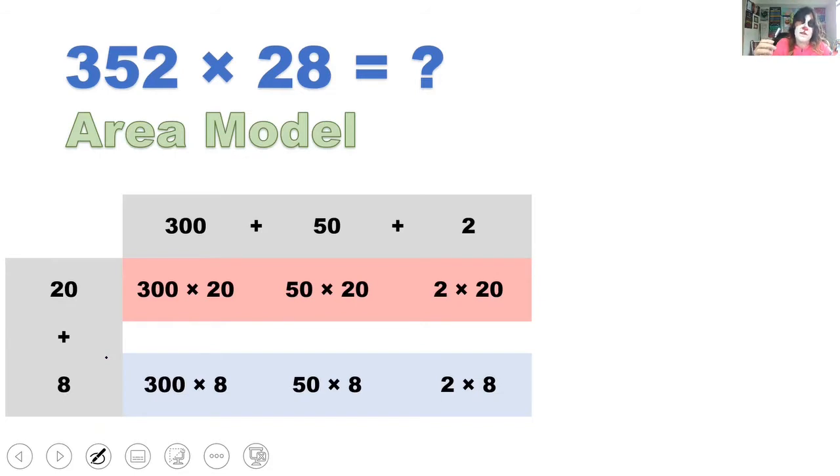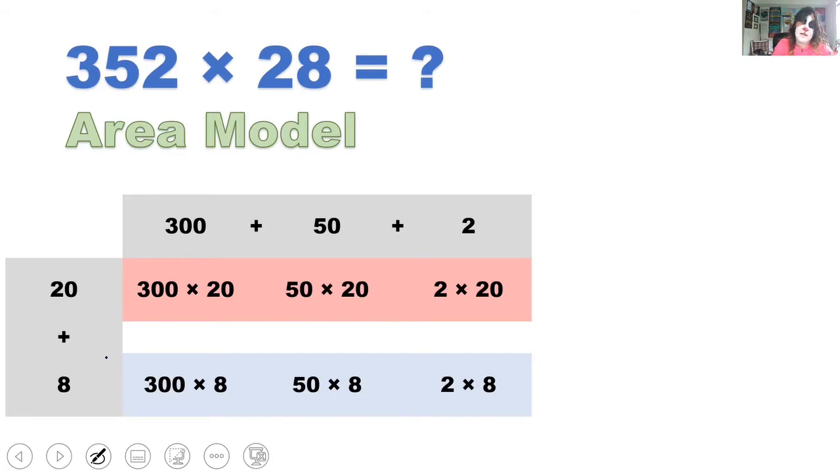Now, in each of the little boxes here, you have the equations written up. What we would do in area model is solve for the answers of each of those miniature equations to solve for the big product of the original equation. Now we would line them up and then add up all the numbers.